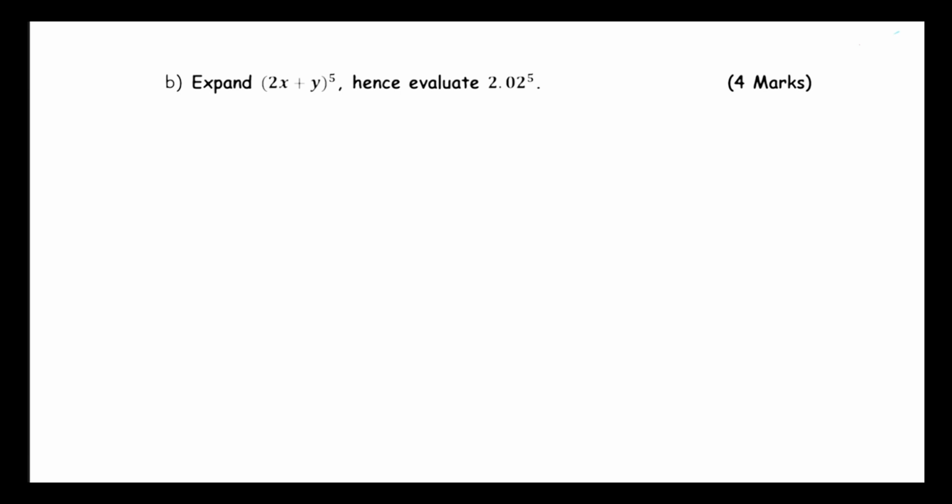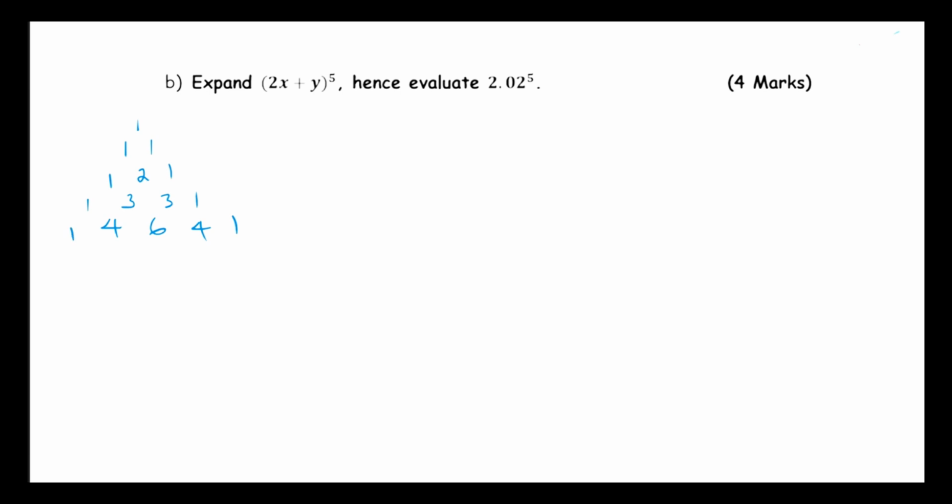So the first one, when the power of the binomial is 0, we have a coefficient of 1, and then we have 1 and 1. Then we say 1 plus 1, that is 2, then 1 and 1. Then 1 plus 2 is 3, 2 plus 1 is 3. Then you have 1 and 1. 1 plus 3 is 4, 3 plus 3 is 6, 3 plus 1 is 4, and we have 1 and 1.